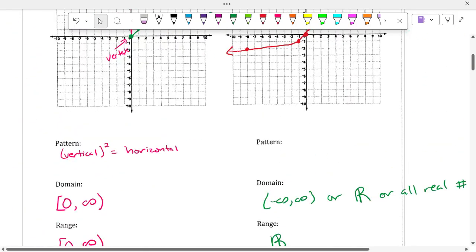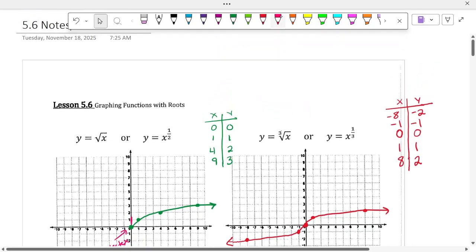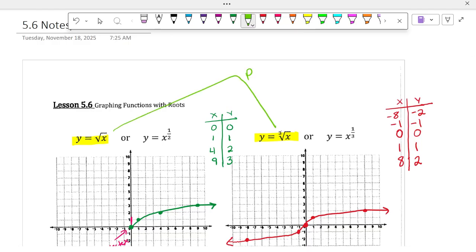Now, just so you're aware, these two are the parent functions for their respective type. So square root of x is the parent function for a square root. Cube root of x is the parent function for a cube root graph. Now, we talked about parent functions back in your quadratics unit, unit 3.